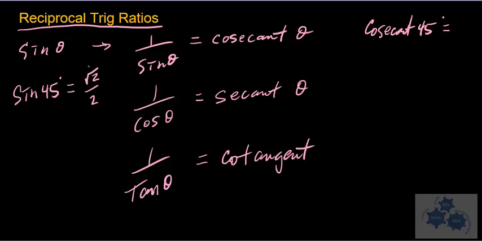It's 1 over this, or 2 over root 2. Or you might also see it in simplified form as what? 2 root 2 over 2, which is root 2.